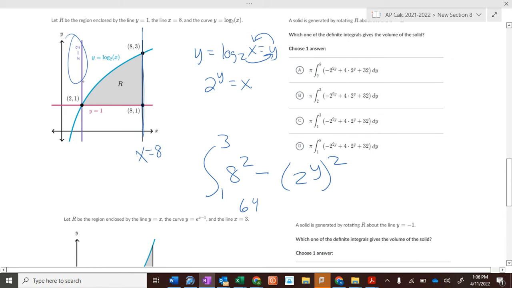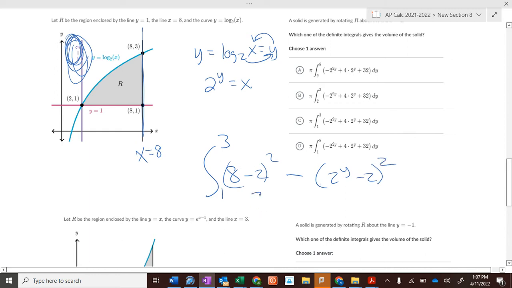But I gotta subtract the 2 from there because I'm not going all the way to the y-axis. It's how far away I am. So it's gonna be, sorry, because I'm revolving around this line. So it's 8 minus 2 squared, because this is actually 6 long, minus 2 to the y minus 2 squared.